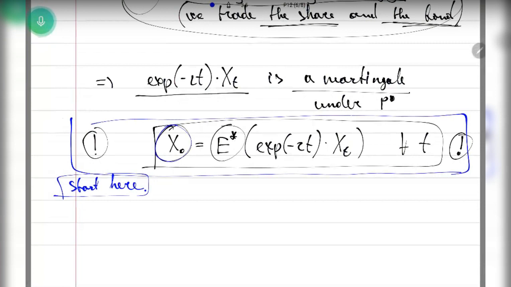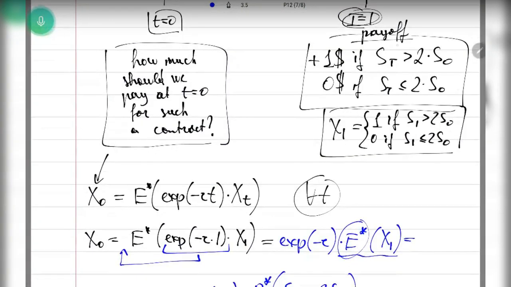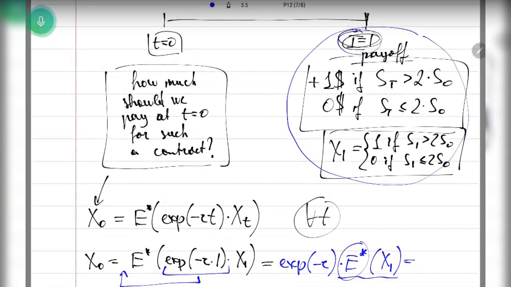To calculate the current price, you need to calculate the expected value under star, and just look at the contract. The price of the contract is easily seen at time 1.